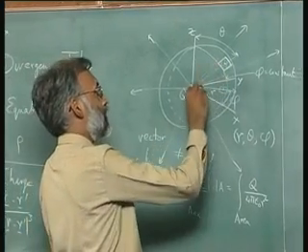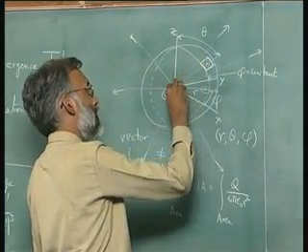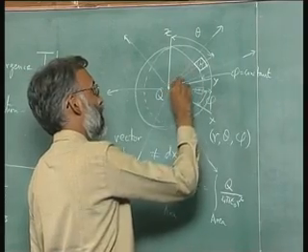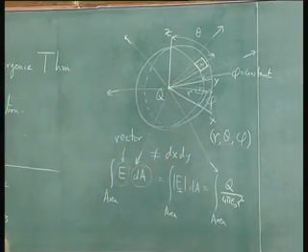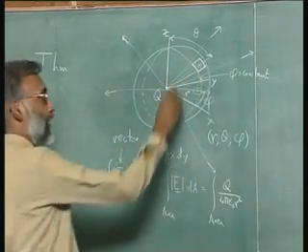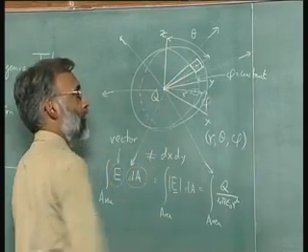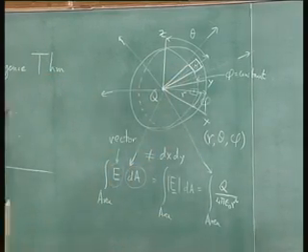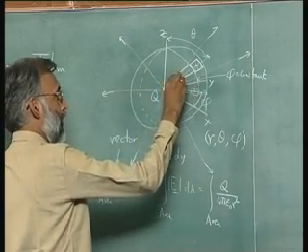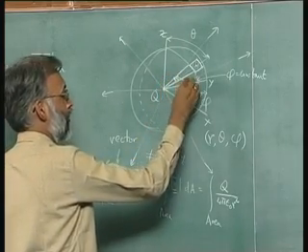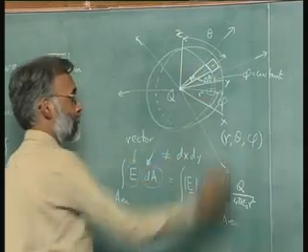Now, such a circle, if you want to know what this distance is, you draw lines from the origin connecting the two ends of this region. There is an angle between them. That angle I will call delta theta.